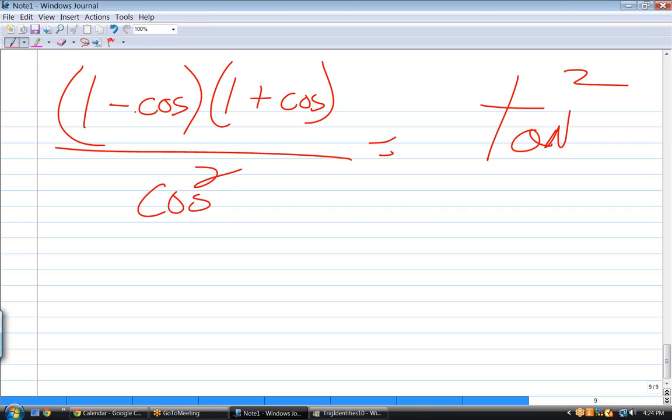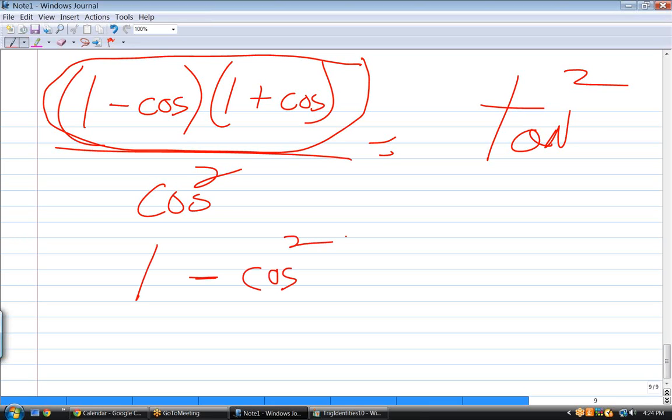But whenever you have 1 minus sine or 1 plus sine multiplied together, what does this become and why is it so beautiful to multiply it together? It just becomes 1 minus cosine squared.